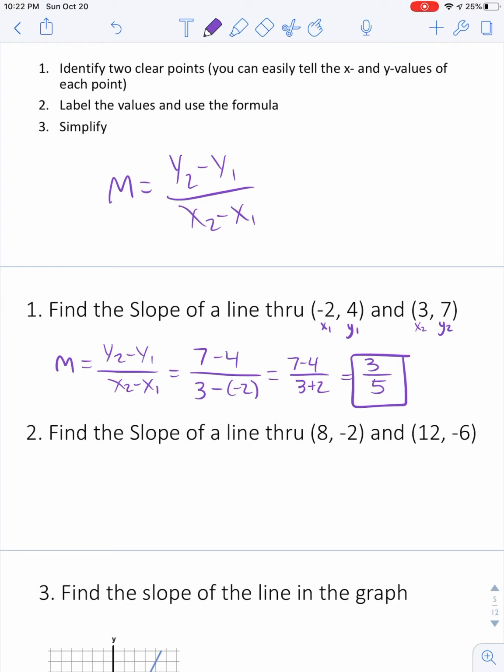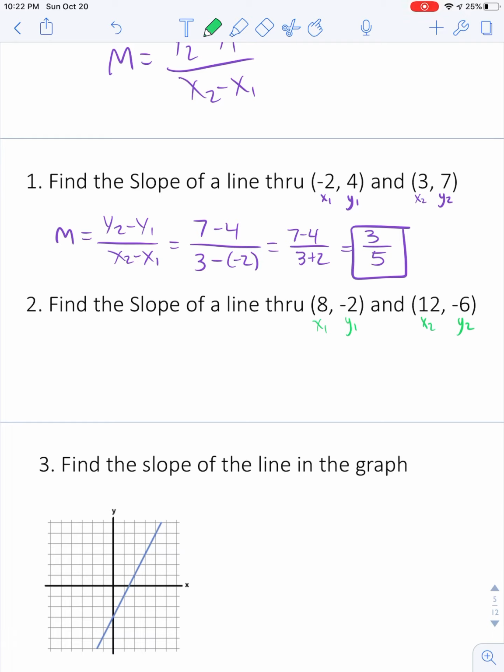Number 2, we're going to do the same thing as number 1. We're going to label our points x1, y1, x2, y2, and we're going to use that same formula. M equals y2 minus y1 over x2 minus x1.